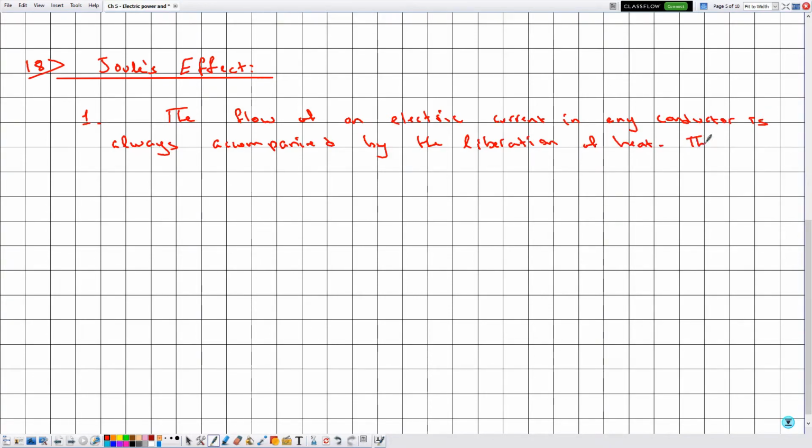The transformation of electric energy into thermal energy is called the Joule's effect. So always the transformation of any type of energy into thermal energy, this is called the Joule's effect.